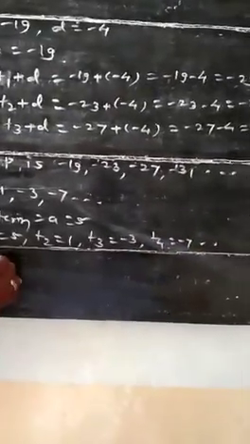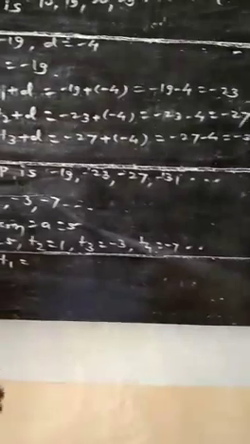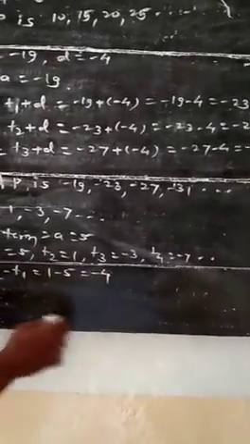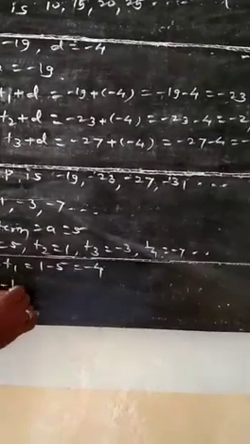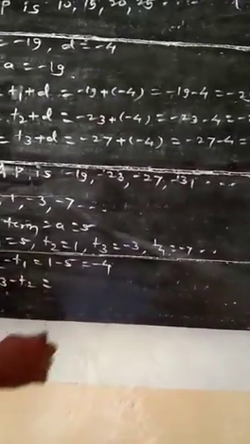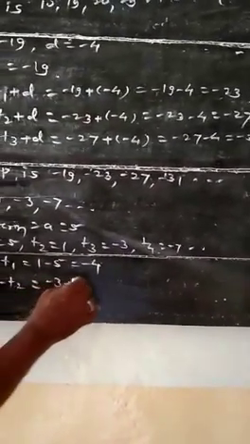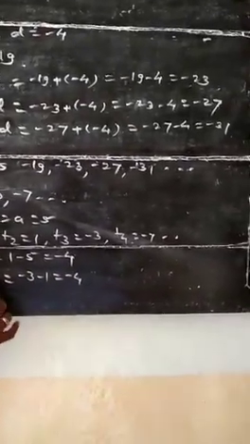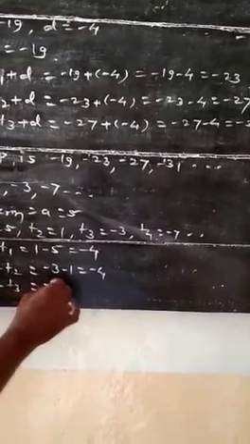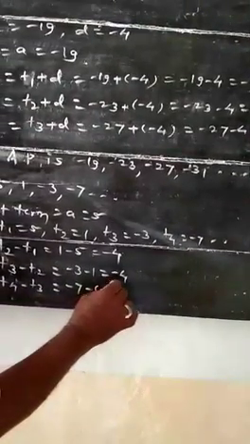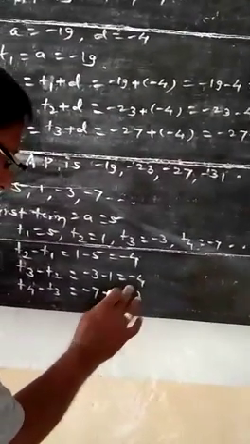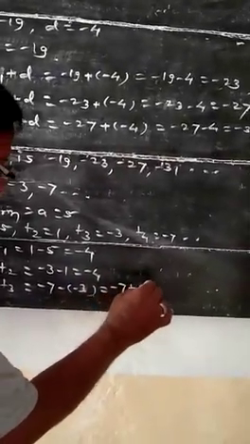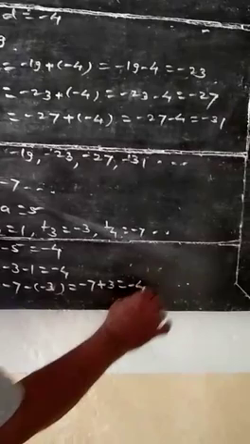T2 minus T1, 1 minus 5, minus 4. T3 minus T2, minus 3 minus 1, minus 4. T4 minus T3, minus 7 minus of minus 3, minus 7 plus 3 is equal to minus 4.